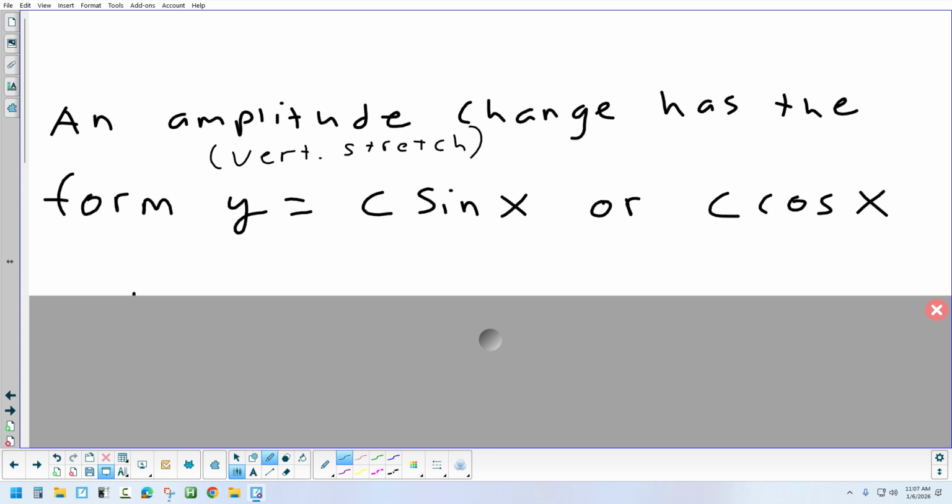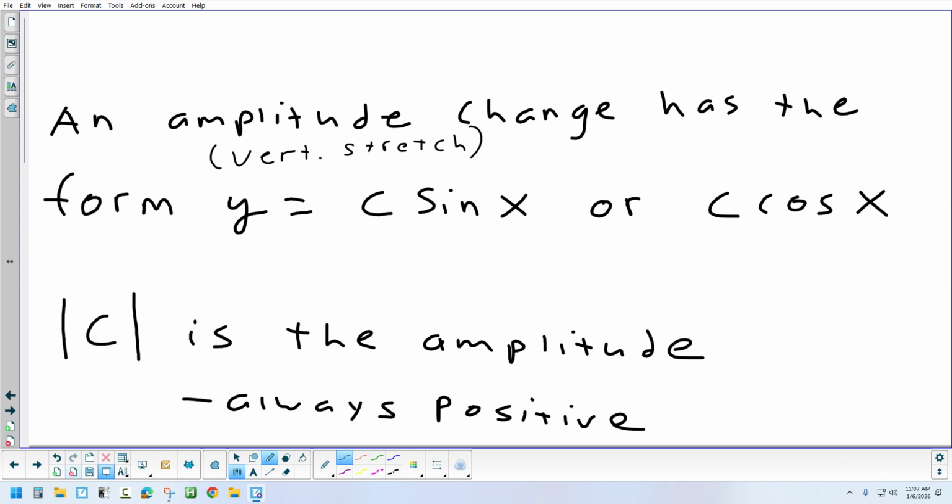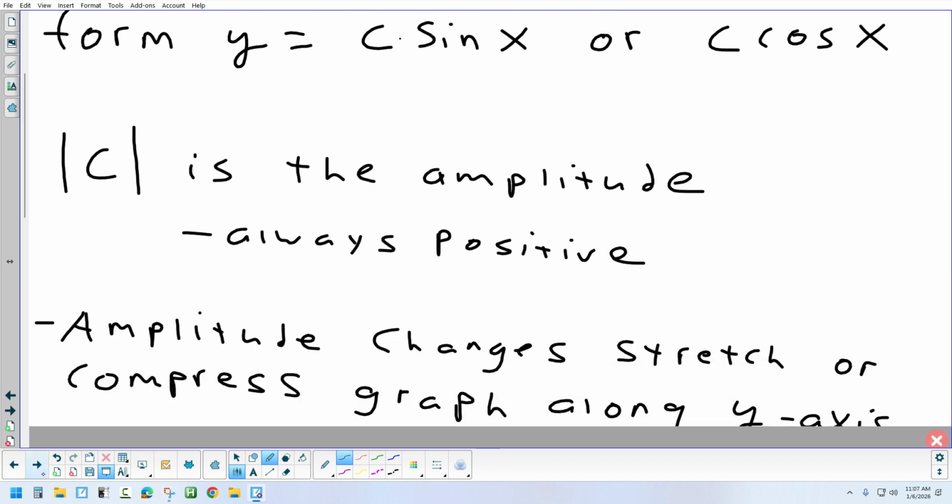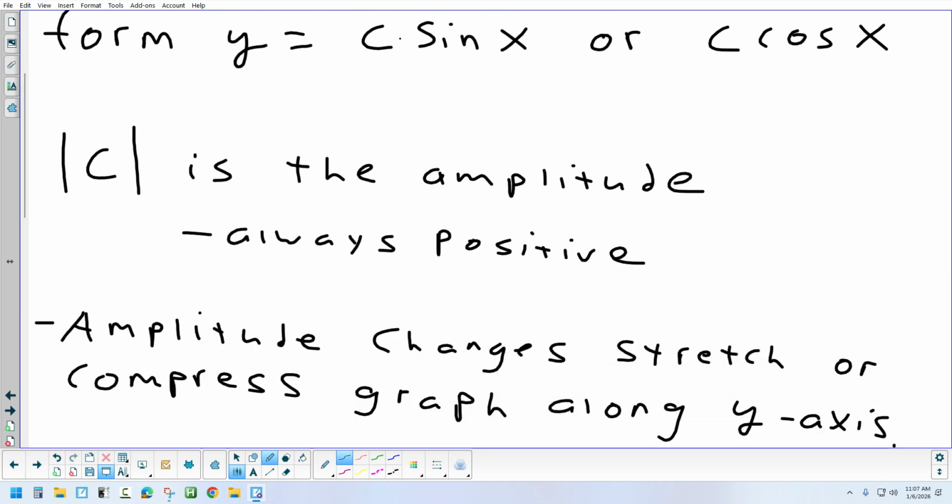And if I give you something like that, and I just say, what is the amplitude? You just take the absolute value of the number that's in the front. So what we're doing is stretching and compressing the graph along the y-axis.